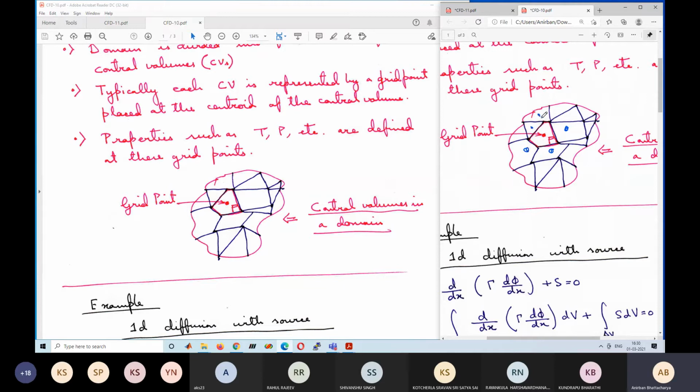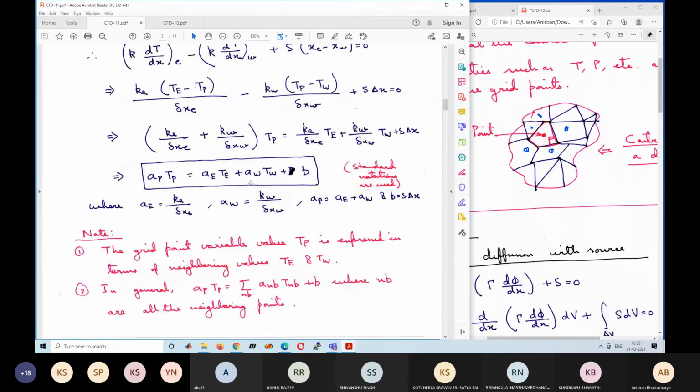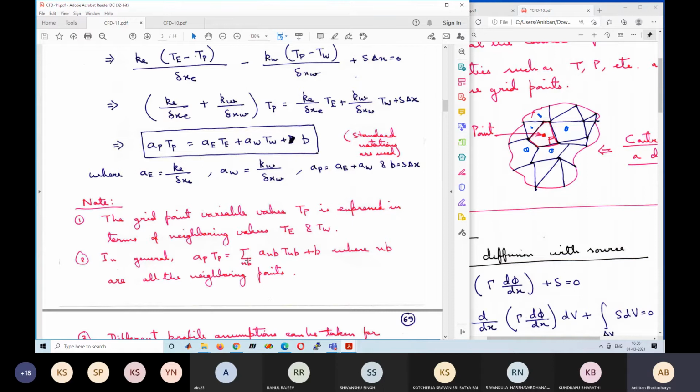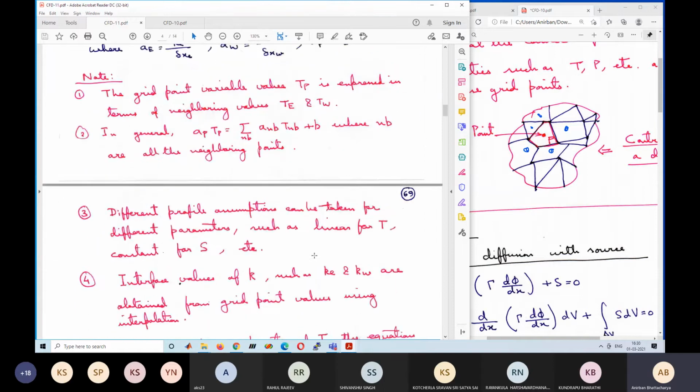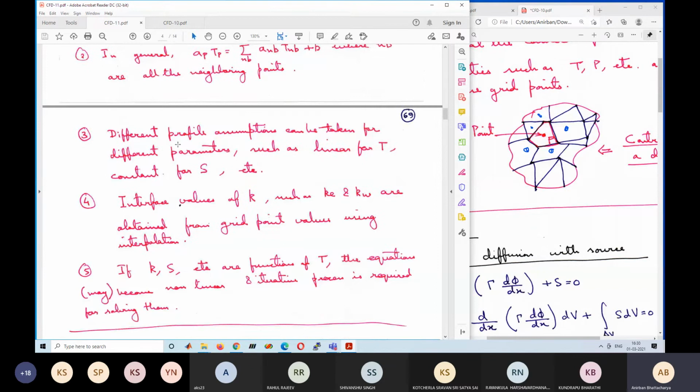Five neighboring points, plus B. So that will be the general equation for us. For this 1D problem, we have only 2 neighbors, so 2 terms are there. In general, it will be AP TP equal to the summation over all the neighbors of A nb T nb plus B.